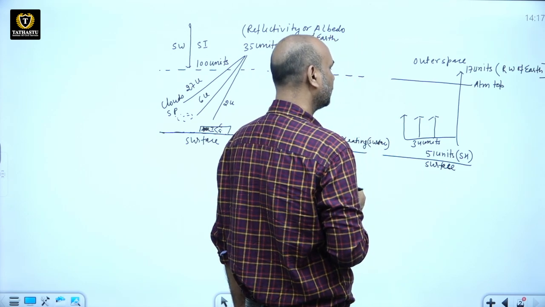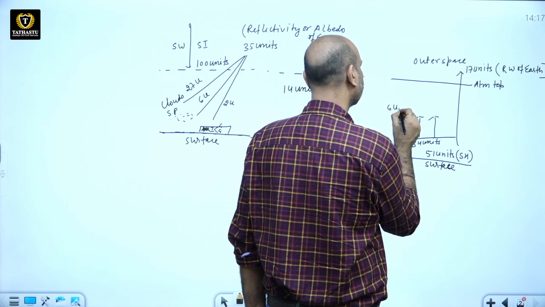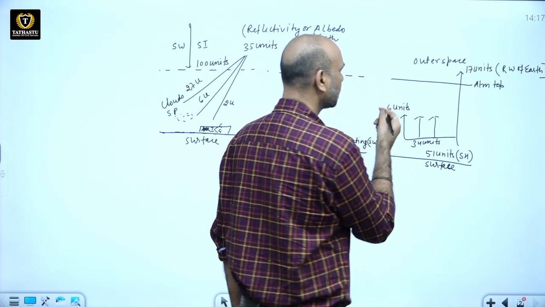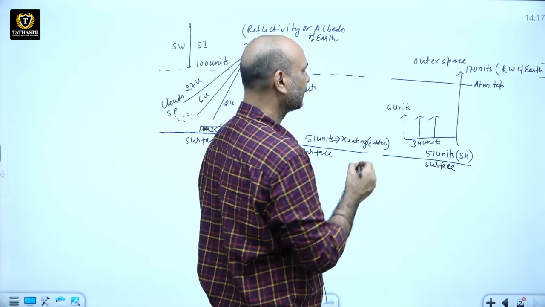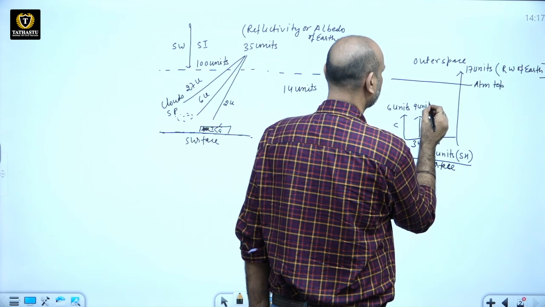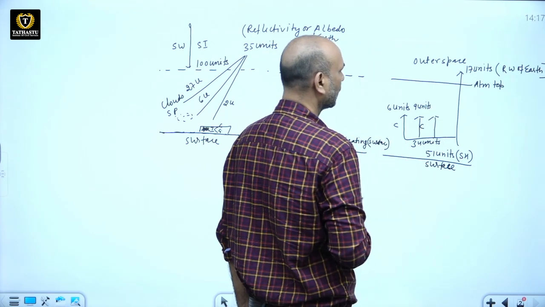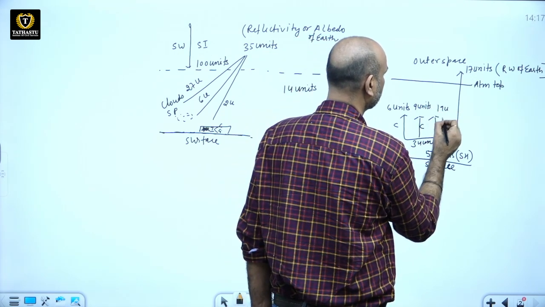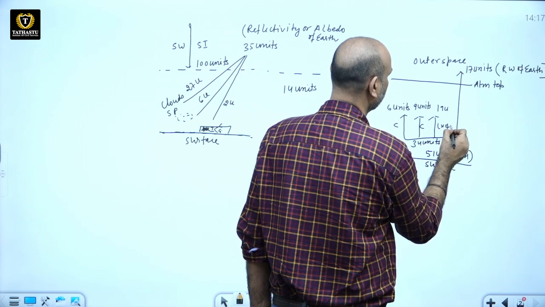Out of 34 units, 6 units are transported to atmosphere through process of conduction, 9 units by convection, and 19 units by latent heat of vaporization.